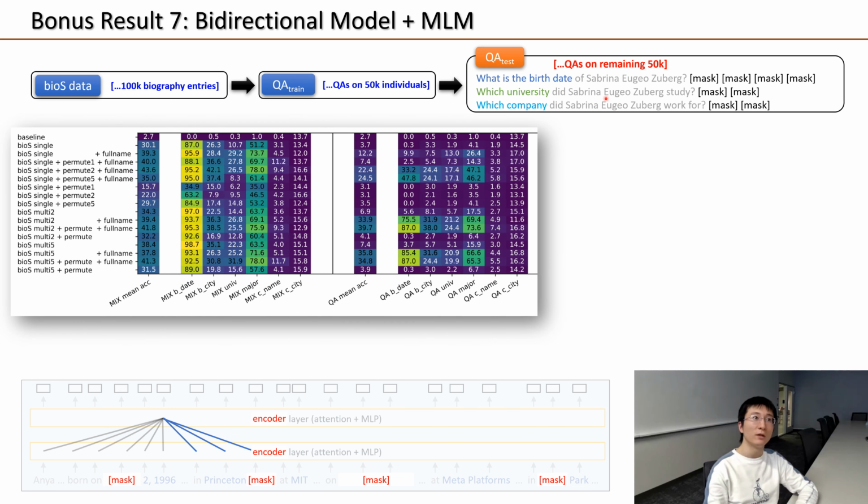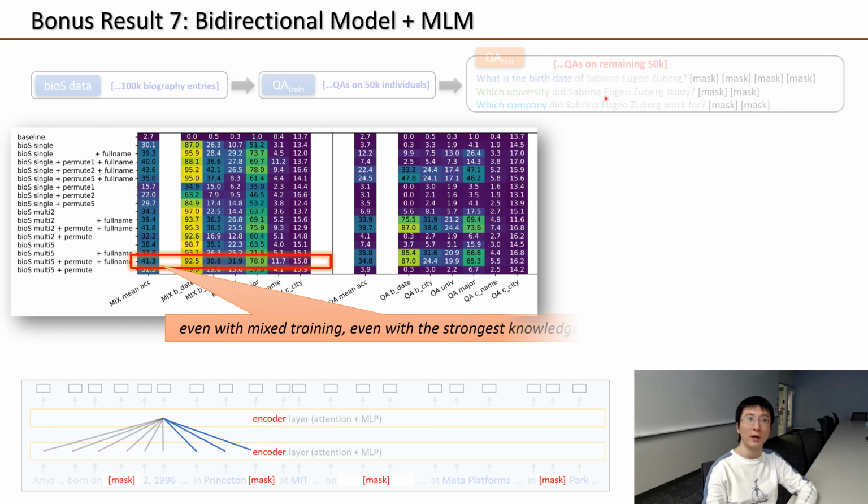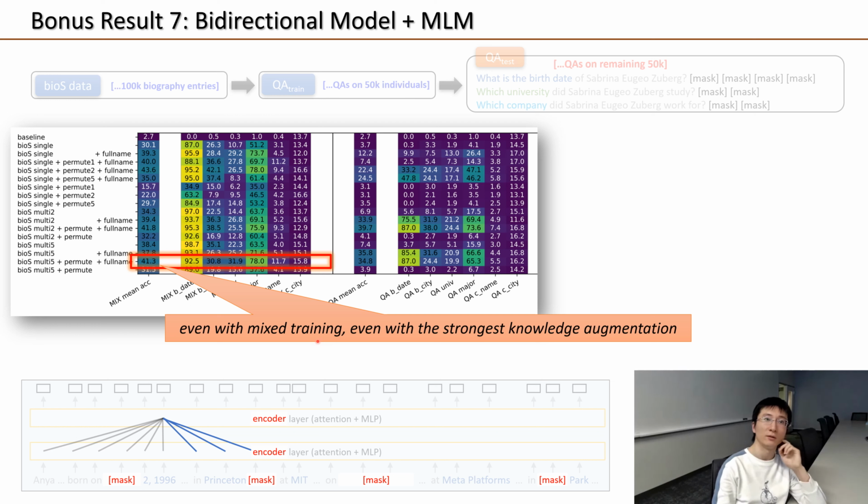It turns out that the result is actually pretty bad. Even with mixed training, recall that mixed training was better than pre-training and then fine-tuning, right? Even with mixed training, and even with the strongest possible knowledge augmentation we have created, that is, with multiplicity, with permutation, with full name, the best possible knowledge extraction accuracy is only 41%. So that is pretty bad.